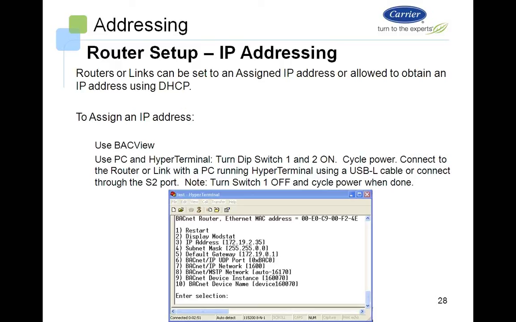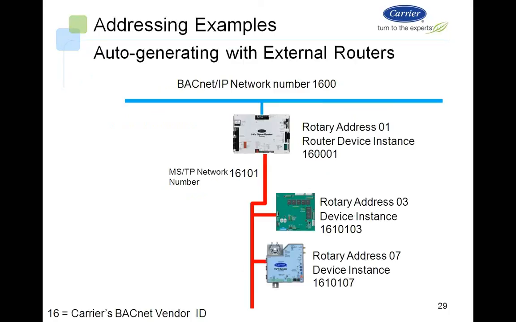When you have auto generation with the external routers, as we indicated, the controllers pick up the network number from the router. So if we have an open router on the network where the rotary switch is set to 1 or 01, that, as we mentioned earlier, will create a device instance for that router of 160001, because it takes the 1600 plus it adds the rotary switch to it.